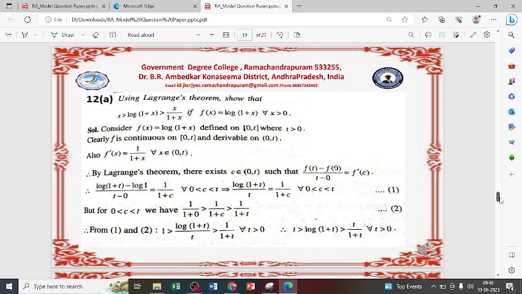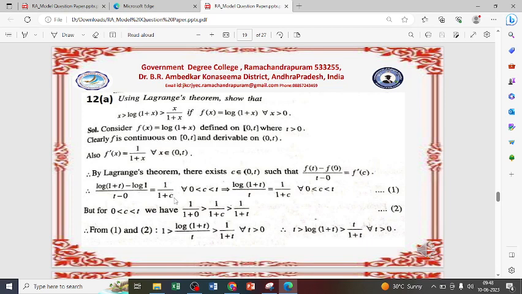Therefore, by Lagrange's theorem, definitely there exists c belonging to the open interval (0, t) such that (f(t) - f(0))/(t - 0) = f'(c). So now what is f(t)? log(1 + t) minus f(0), log(1 + 0), that is log 1, divided by t - 0, that is equal to f'(c). f'(x) = 1/(1 + x), so f'(c) becomes 1/(1 + c).